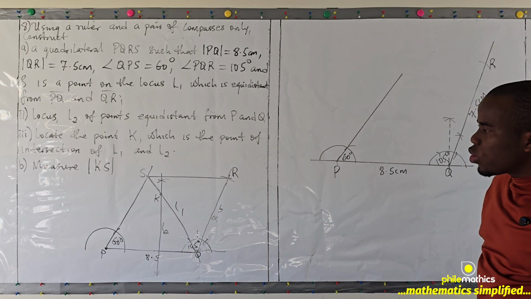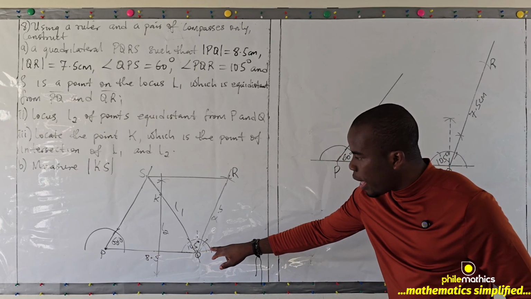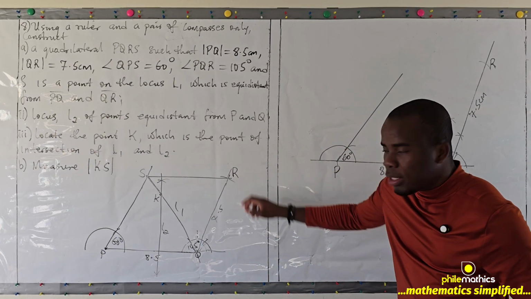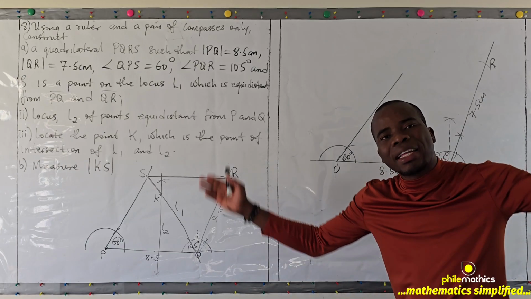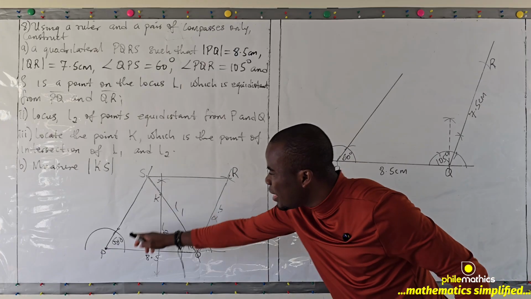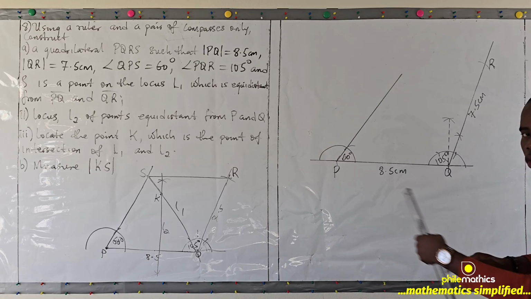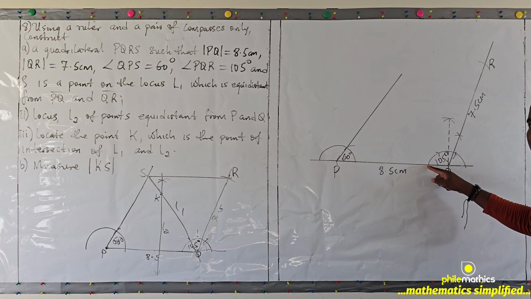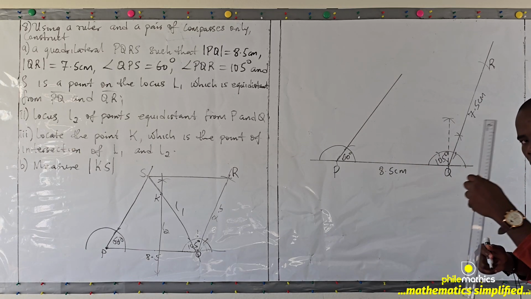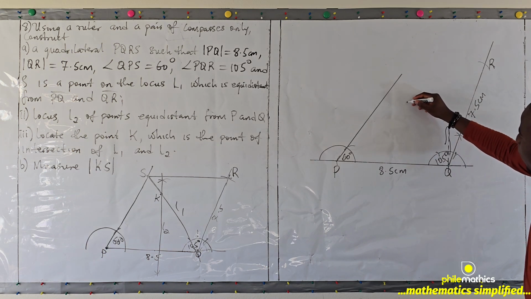Now, the next thing you want to do is to look for the locus of points equidistant from line PQ and line QR. The locus of points that is equidistant between two lines is the bisection of the angle. So any point on this line is equidistant from these two. So what we have to do to get the first locus of points is to bisect this 105. And how we bisect is you take a suitable radius in your pair of compass, place your pin here, and then draw an arc.